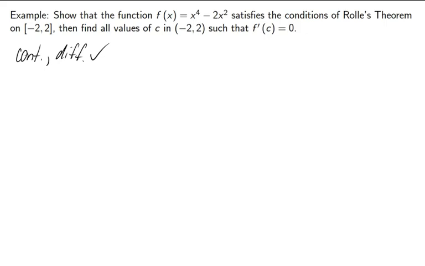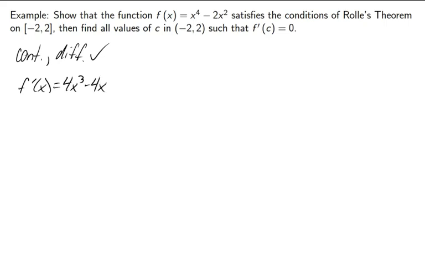Now, I will point out that -2 and 2 should both have the same value in here because these are both even powers. So I'm guaranteed there is one by Rolle's theorem. But if we want to calculate this, let's just go ahead and find out what f prime of x is. Looks like 4x cubed minus 4x.